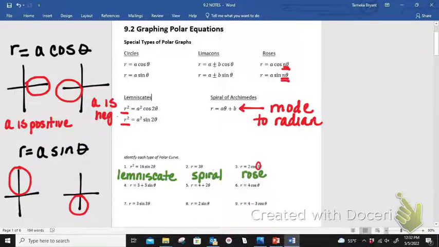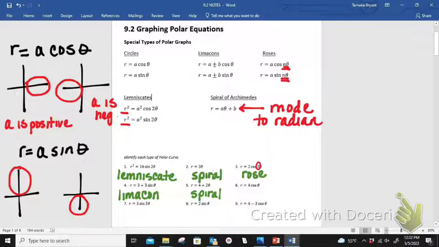For number 4, the only one that has a plus or minus is a limacon. For number 5, it's either going to be a plus or a minus, not both. So it could be 3 minus 3 or 3 plus 3. Number 5 doesn't have a sine or a cosine, so that's a spiral.